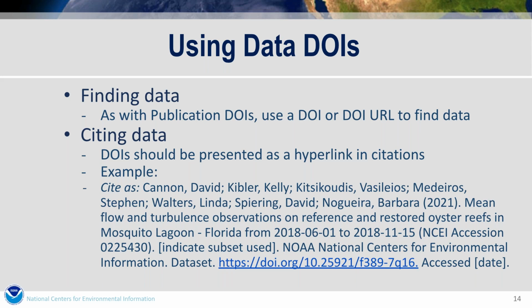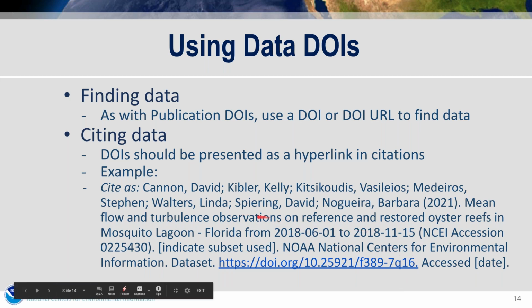And for citing data, it should always be a full citation, just as we've described here. This is the example that was on that landing page, and here's the link to those data and to the landing page.